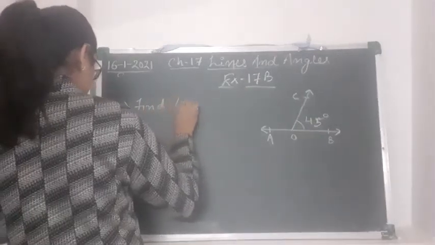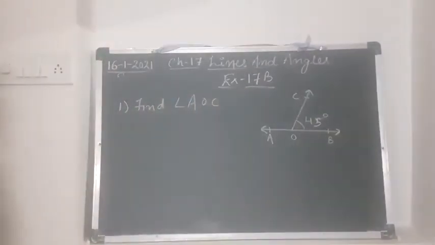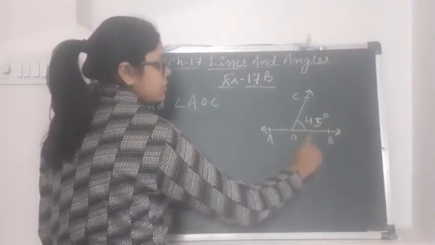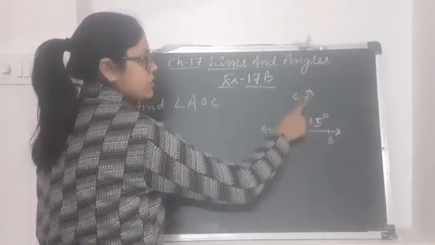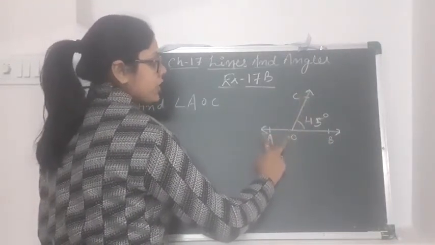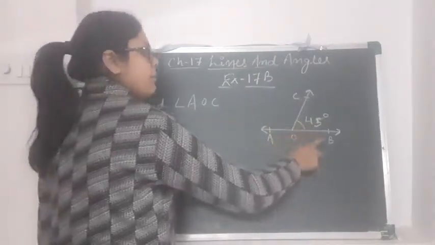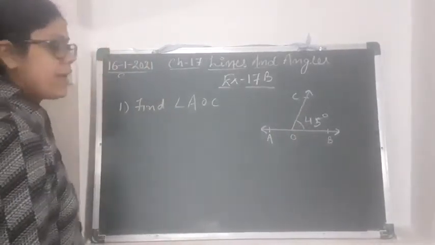Find angle AOC. Here, this is one line AOB. O is the common vertex, OC is the common arm, and two opposite rays OA, OB are given. Angle BOC is given as 45 degrees, and you have to evaluate angle AOC.